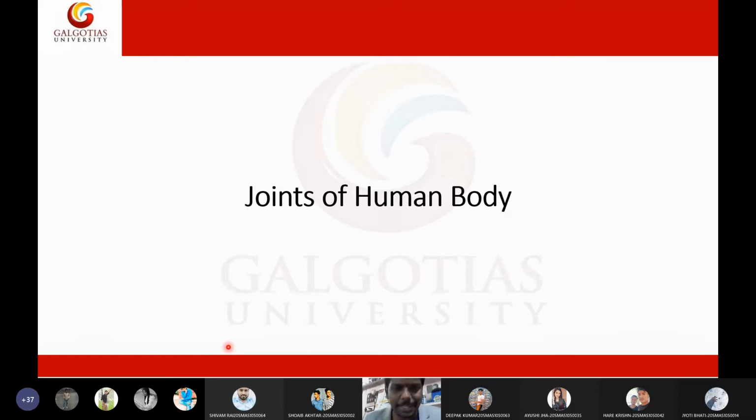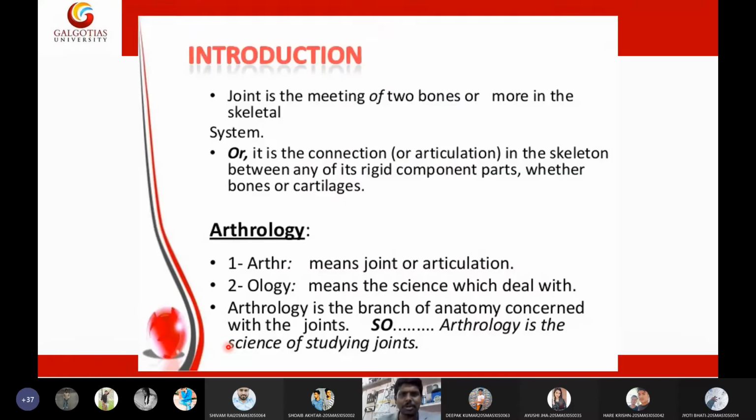It's okay. Coming to the joints of the human body. A joint is a place where any two bones meet. Another term in medicine is articulation. Articulation means to connect.